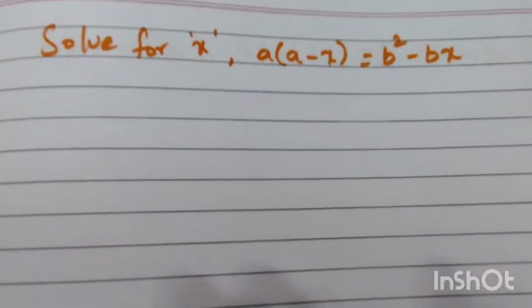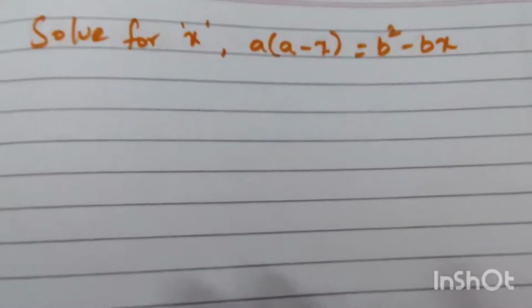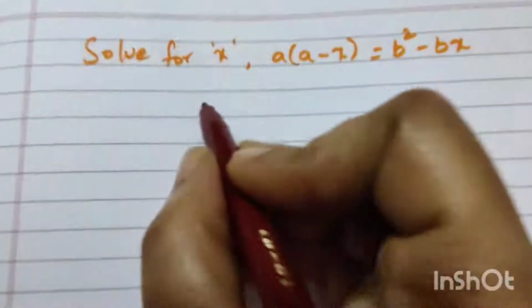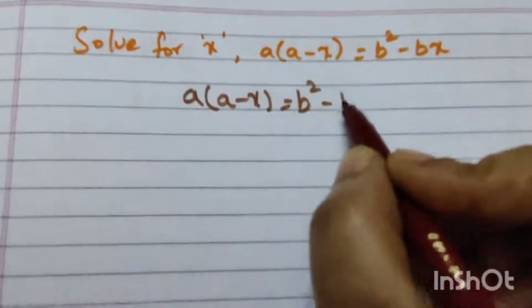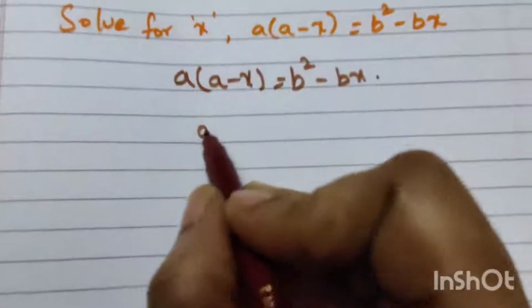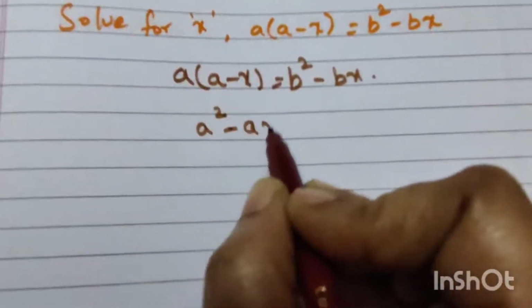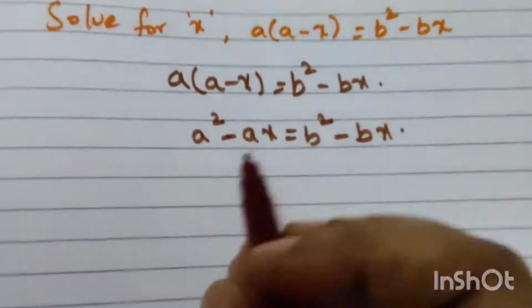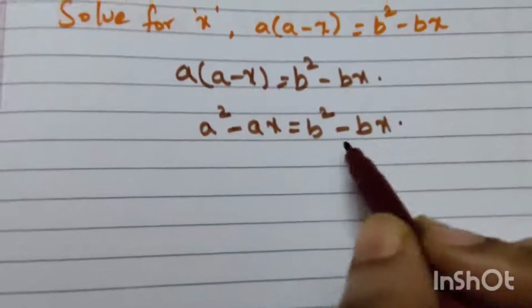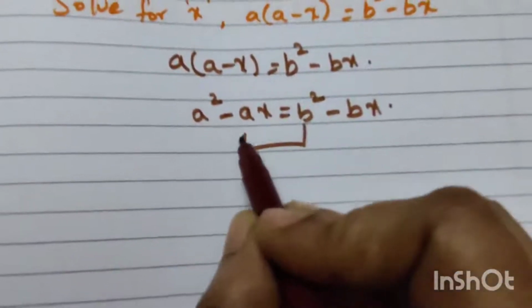Solve for x. a of a minus x is equal to b square minus bx. So I'm rewriting this. This one is a square minus ax is equal to b square minus bx. Okay, taking the x terms to one side and the constants to the other side. b square is coming here.